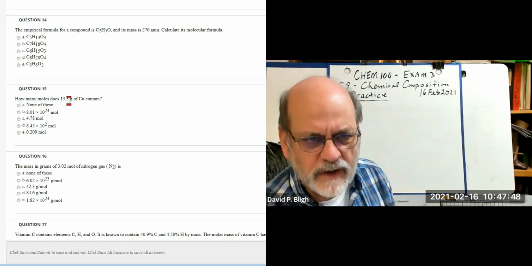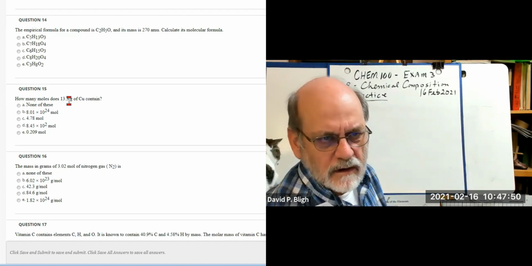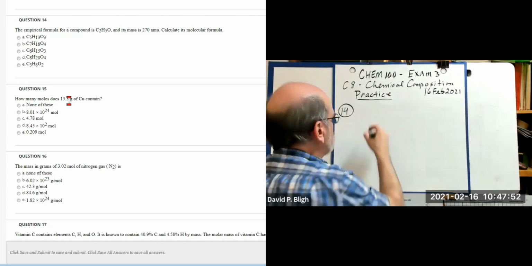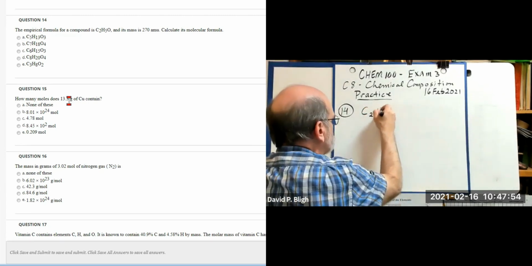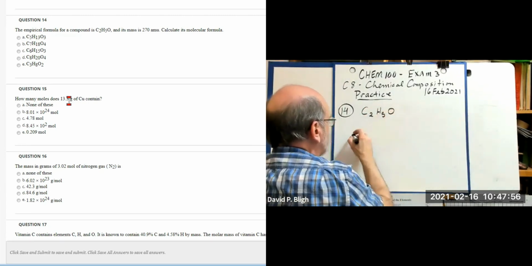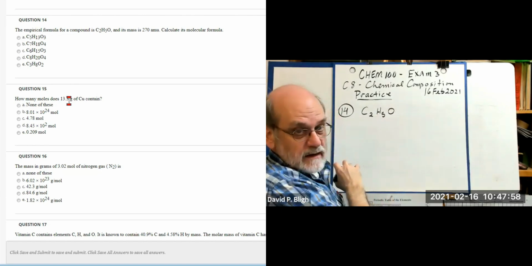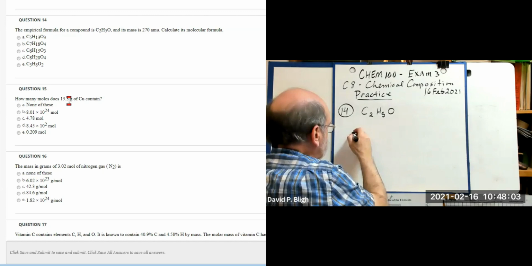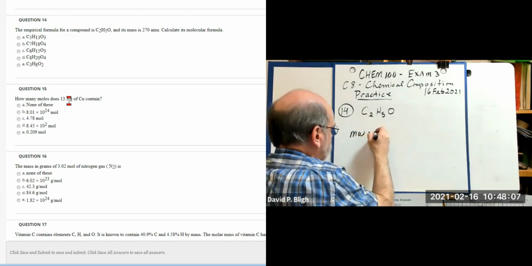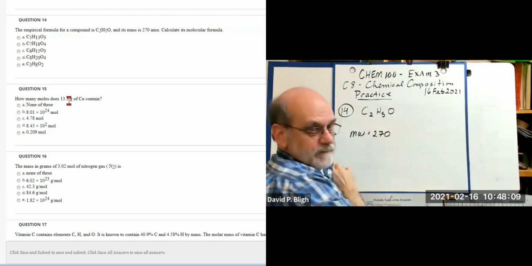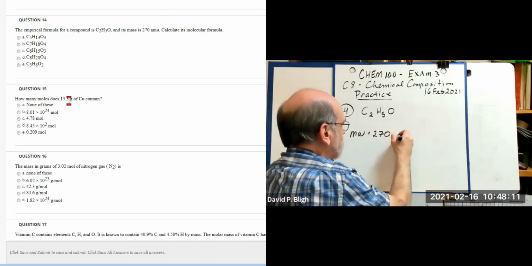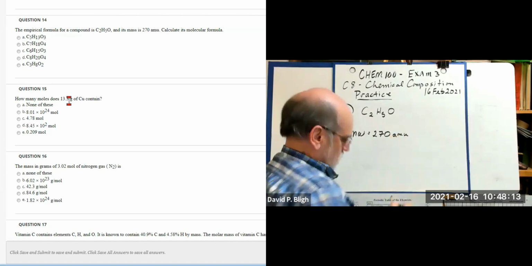And starting information: empirical formula, C2H5O.